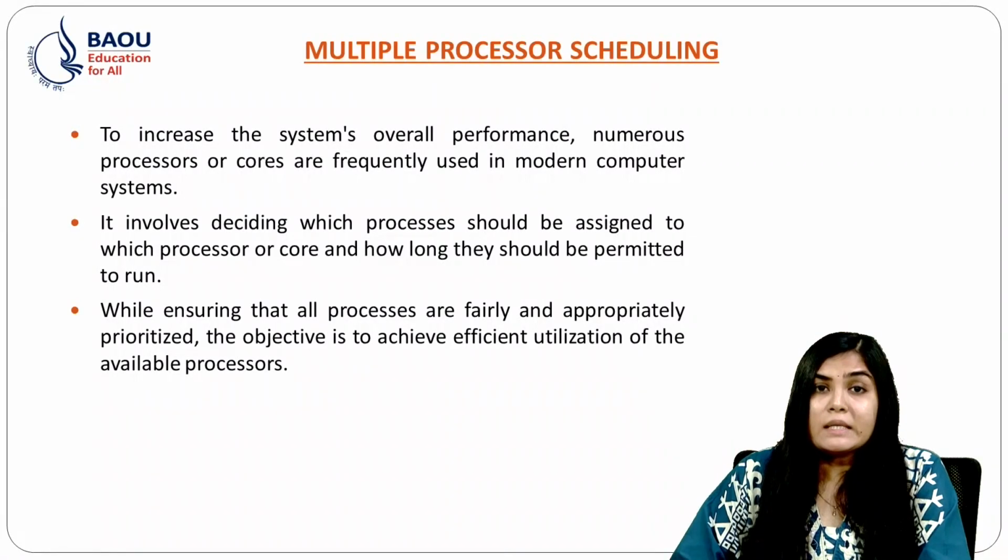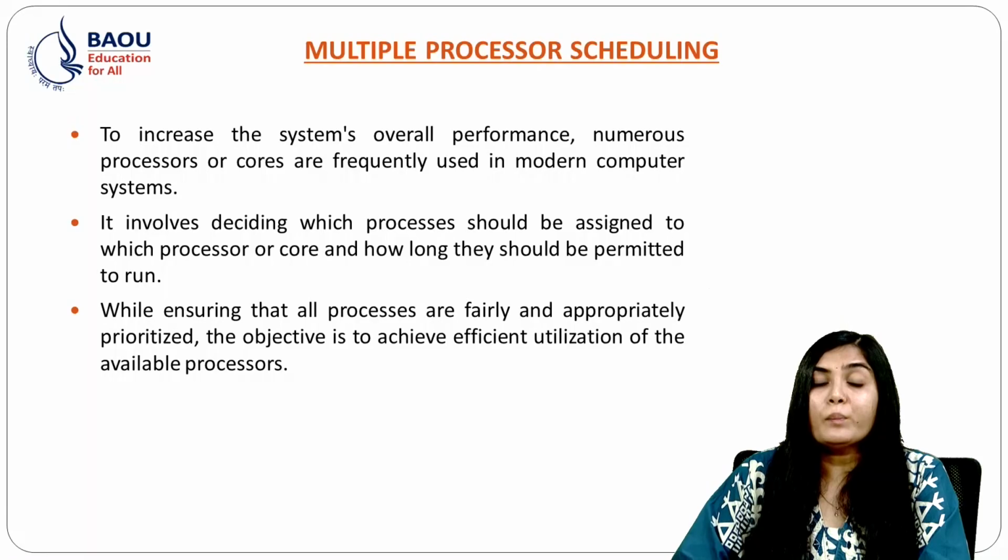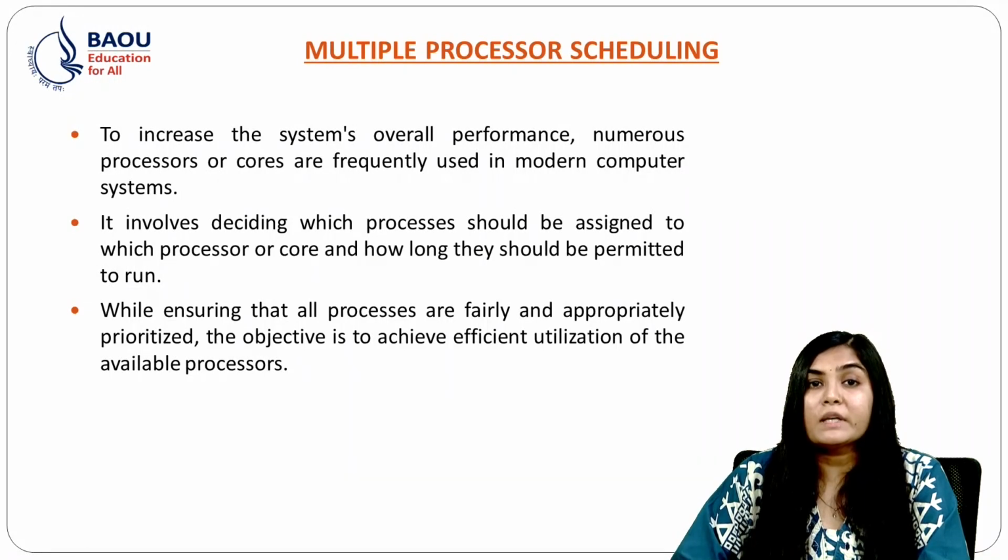So to increase the system's overall performance, numerous processors or cores are frequently used in modern computer systems. The operating system must be able to effectively schedule processes to execute on various processors, in order to make the best use of these available resources.